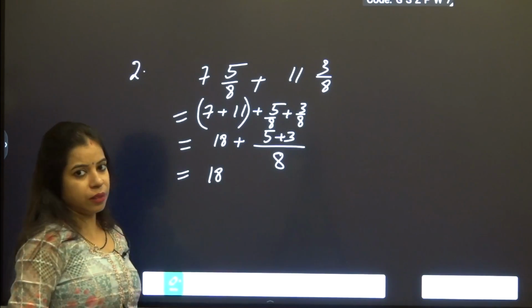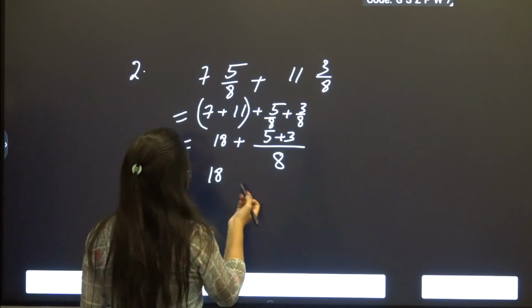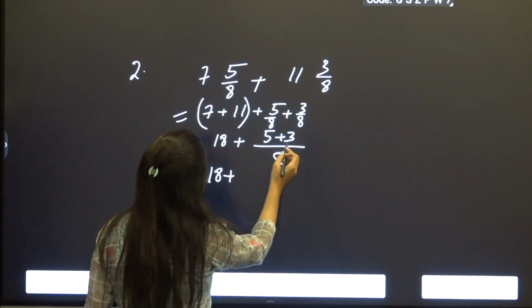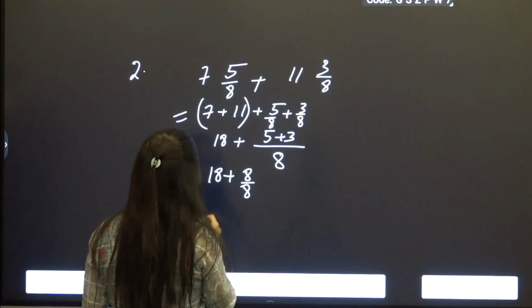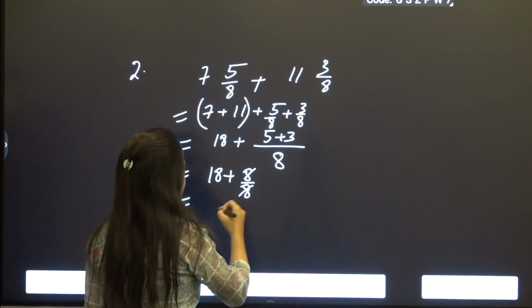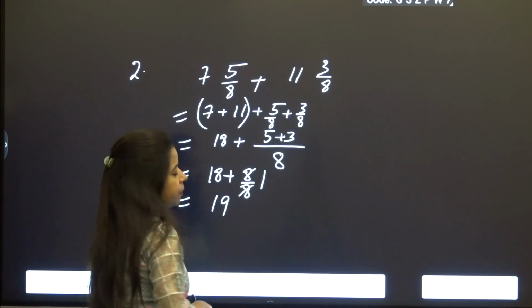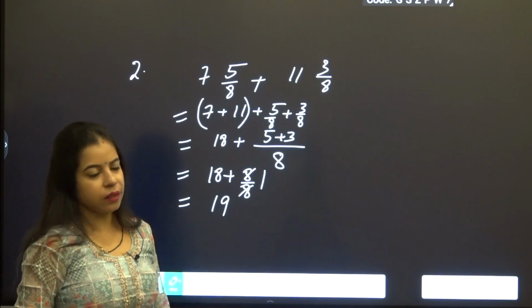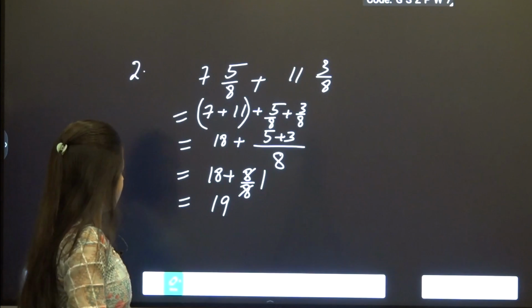So this will become 18 plus 8 by 8, which is 1, and so this will be 19. Okay.